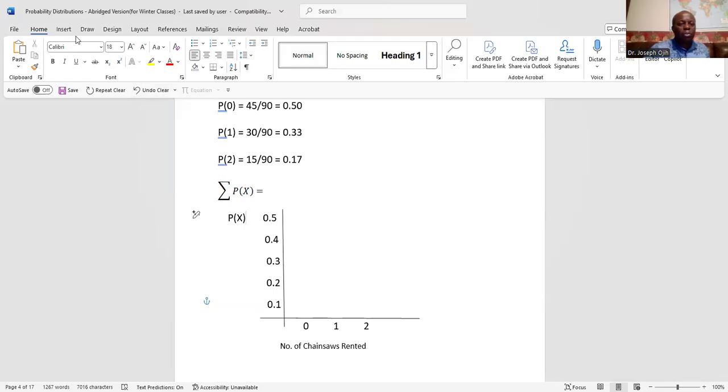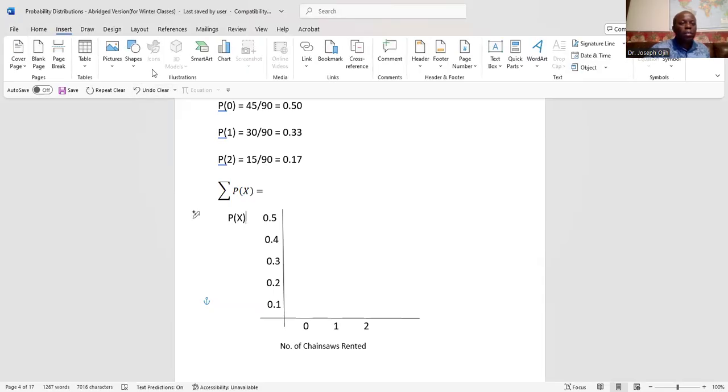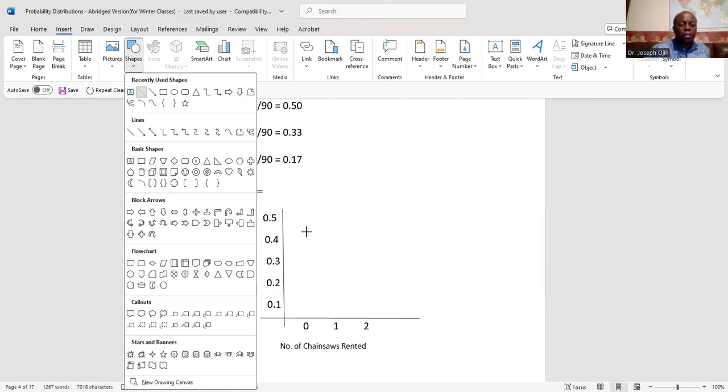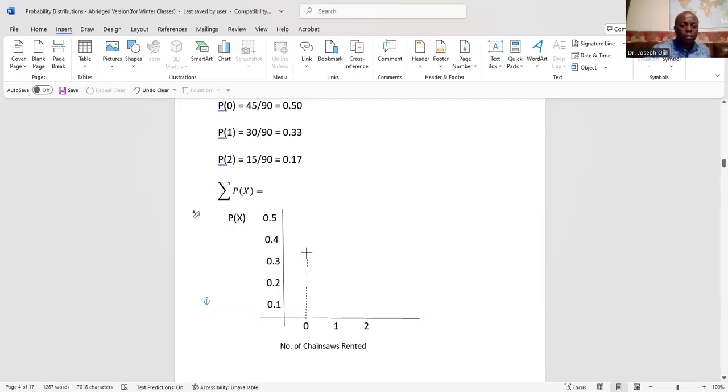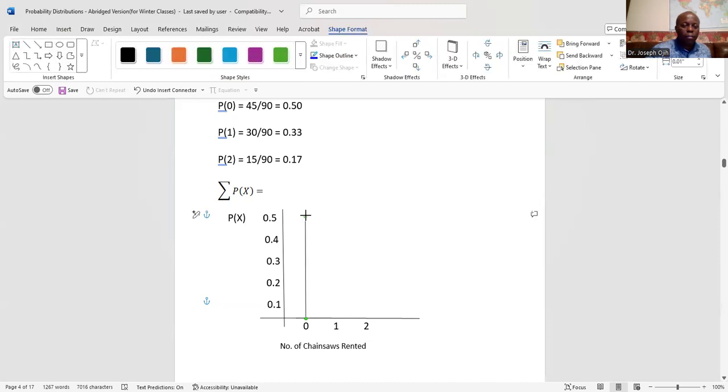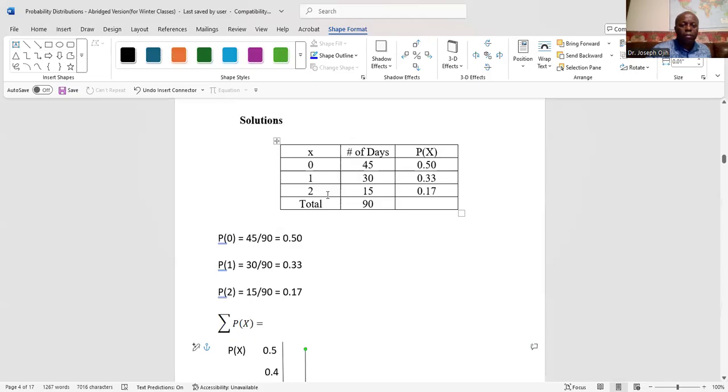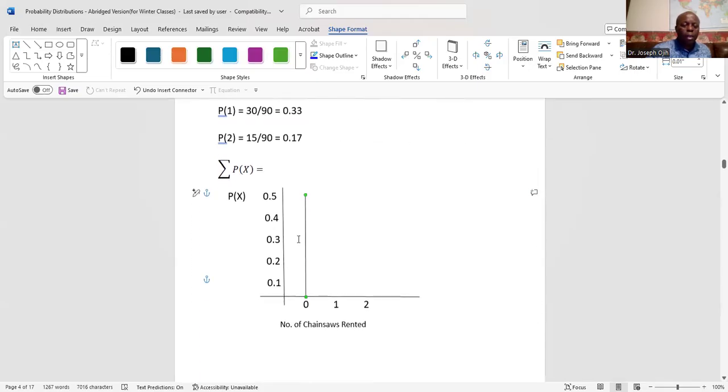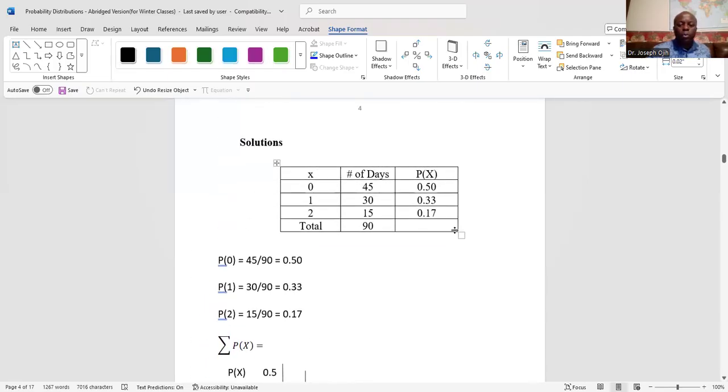I can make it a histogram anyway. So it's a line graph, and I'm gonna use this for 0. Start from 0, it's 0.5. Now for 1 day, it's 0.33. Look at 0.3 here. 0.3 is around here. So I'm gonna right here. Yeah, I'm not too good with drawing with the computer, but with a ruler and pencil, you can do this. 0.33. And for 2 days, it's 0.17.